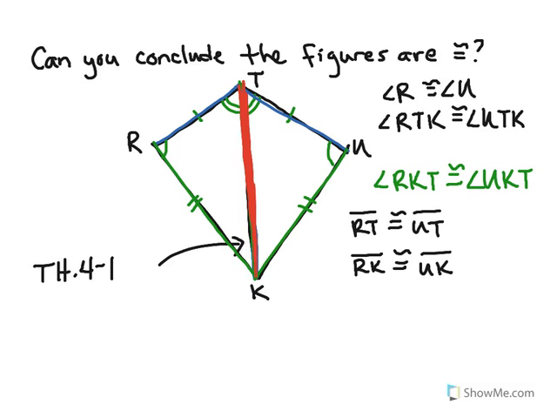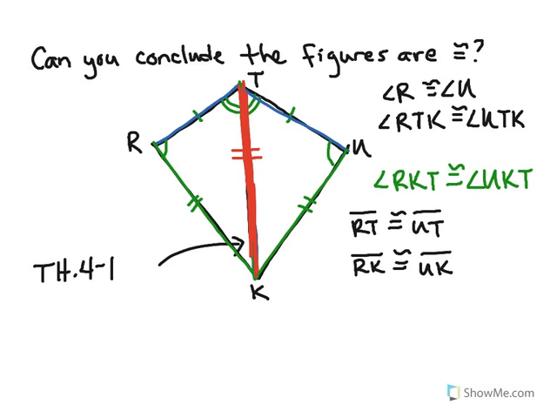And this is a little kind of tricky technique that you have to use. If I were to pull these two triangles apart, so I want you to envision you taking each of those pieces as they are and pulling them apart in your head. TK would be present on both of those triangles, and it would be congruent to itself because it's the same segment.